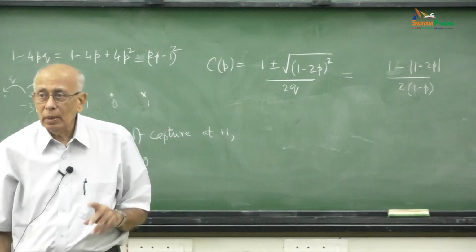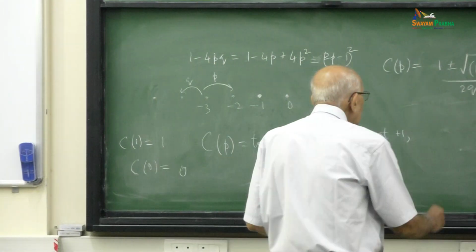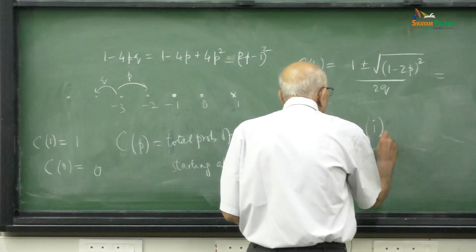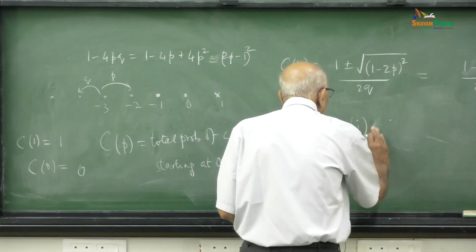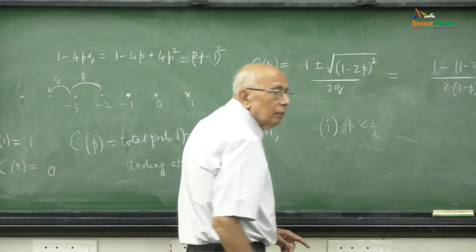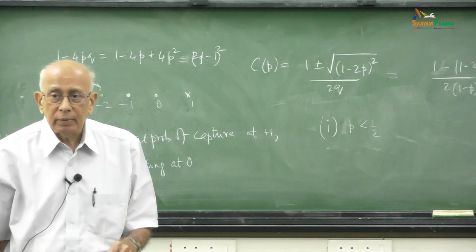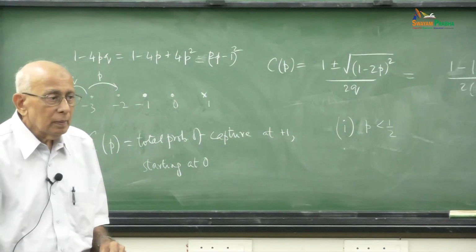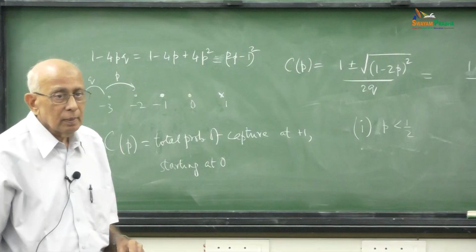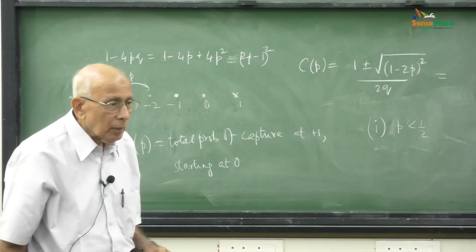Because you have a modulus sign there, we have two possible cases. So case 1, p less than half. If p is less than half, is 1 minus 2p positive or negative? P is less than half, 1 minus 2p is positive.